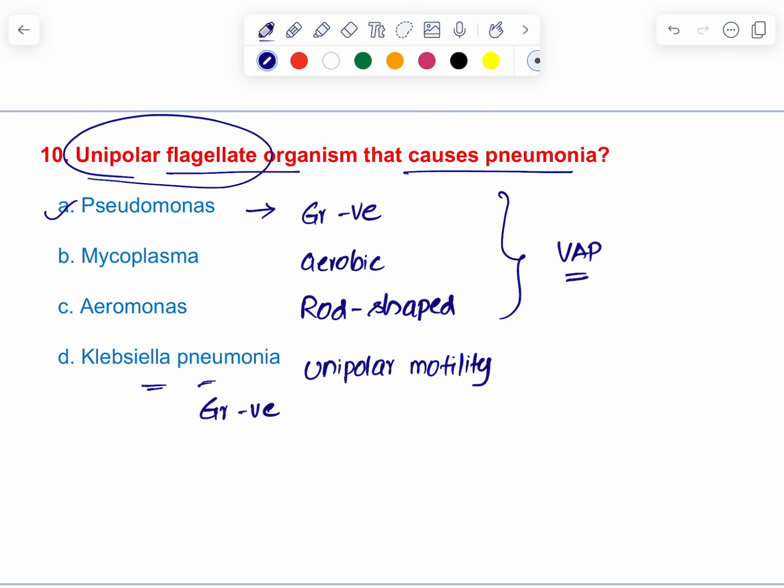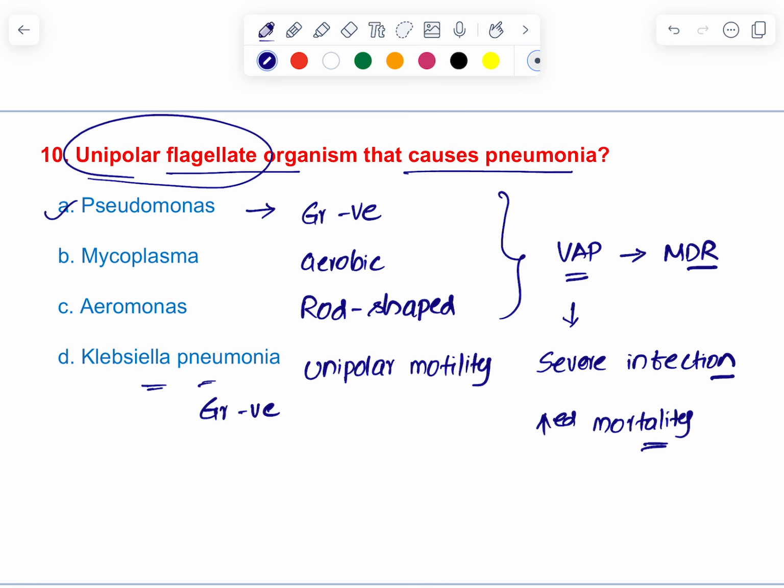Ventilator-associated pneumonia due to Pseudomonas aeruginosa is usually multi-drug resistant, and this is associated with severe infection and increased mortality.